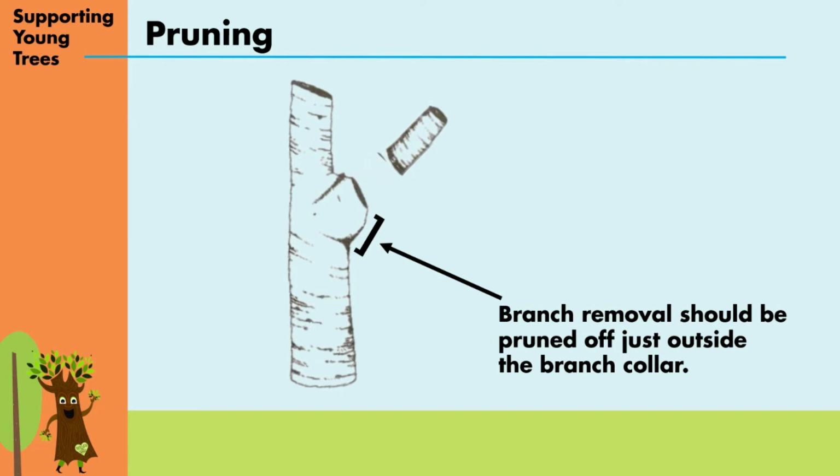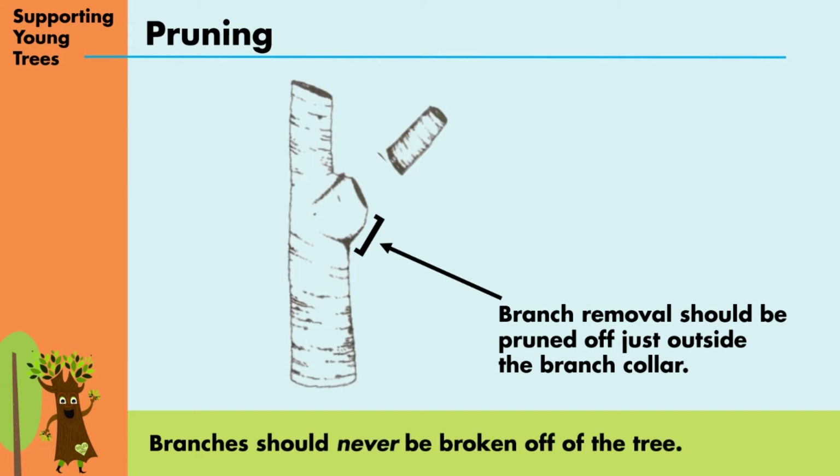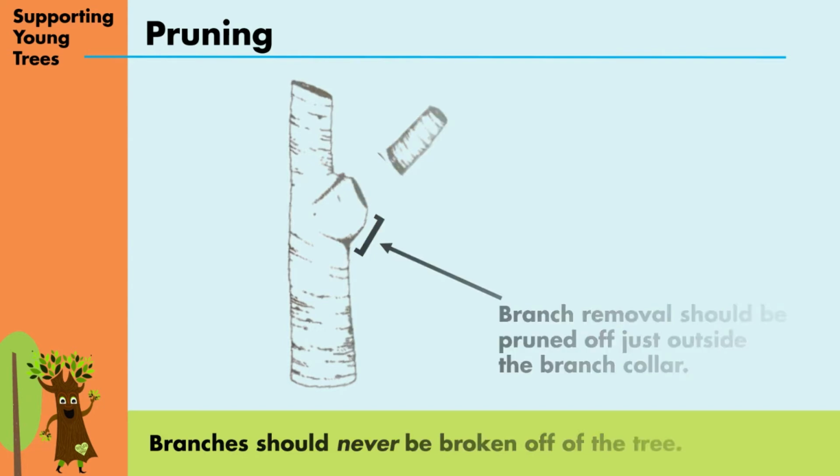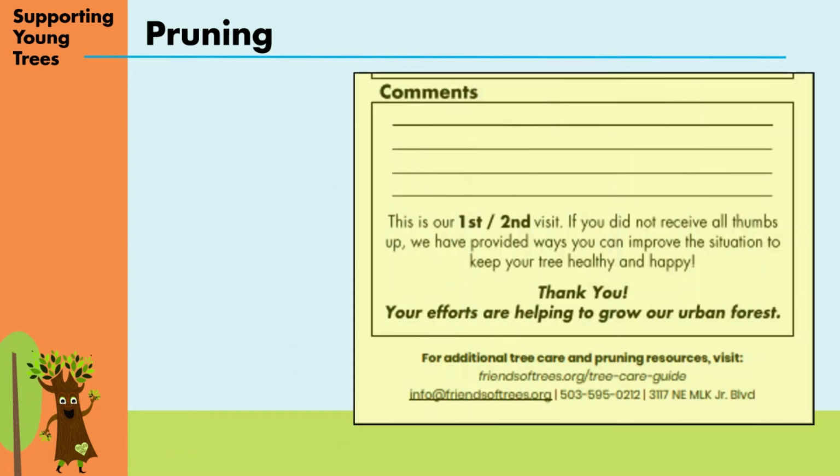Under no circumstances should branches be broken off of the tree, even dead ones, as this can rip the bark, causing more damage. If you have a conversation with a tree parent, please direct them to the tree care and pruning resources listed at the bottom of the door hanger. If you want to learn more about pruning, consider signing up for our pruning training later this year.